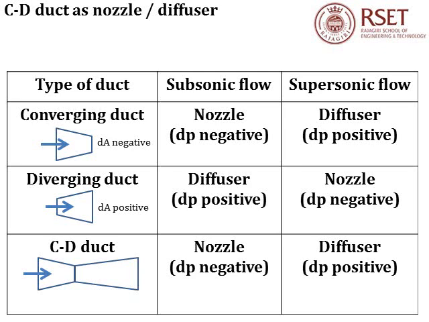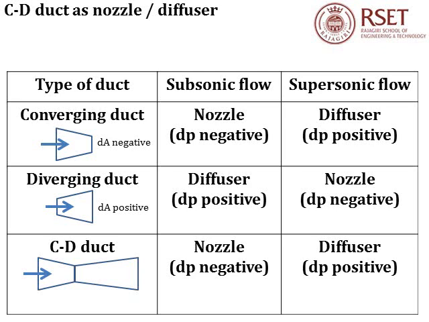Now we see that the diverging duct with supersonic flow is referred to as a supersonic nozzle, and a CD duct with subsonic flow at the inlet and supersonic flow at the exit is referred to as a supersonic nozzle. The difference being, in the diverging duct the flow is entirely supersonic, whereas in the CD duct the flow is initially subsonic, which is accelerated to supersonic condition.